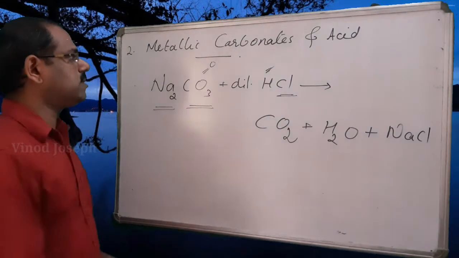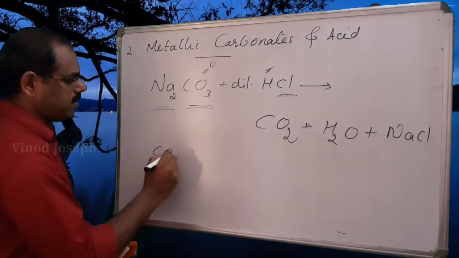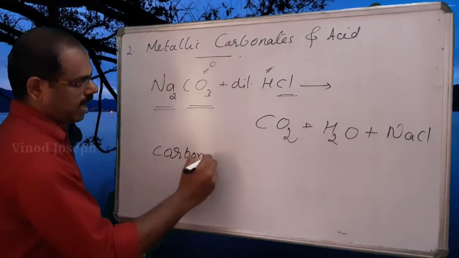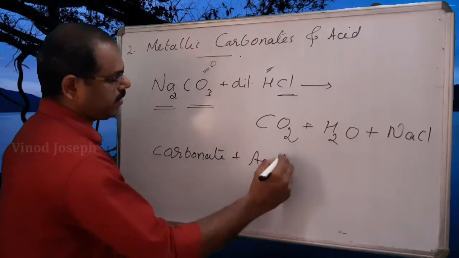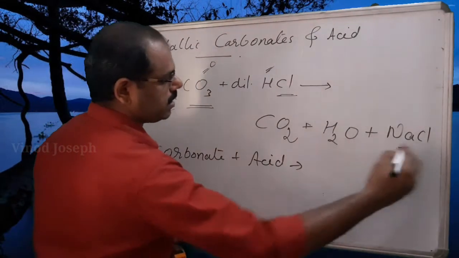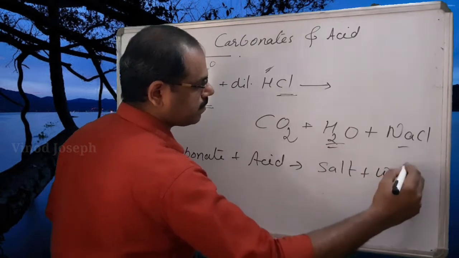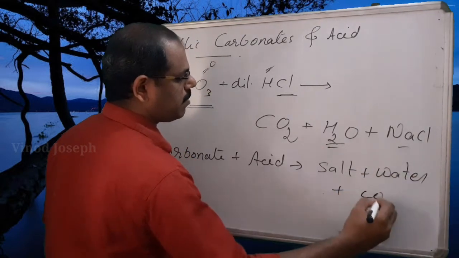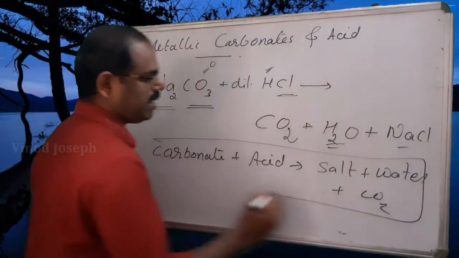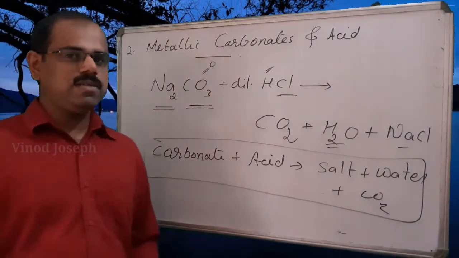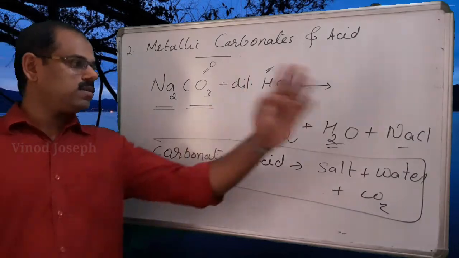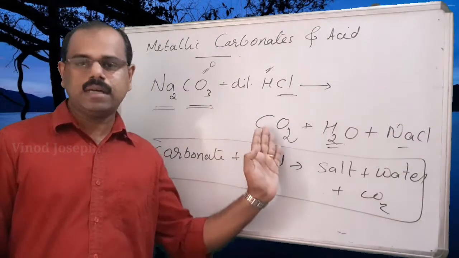So what are the products? Carbonate plus acid gives a salt, plus water, plus carbon dioxide. So it can be a general formula: carbonates react with acid to give salt, water and carbon dioxide.